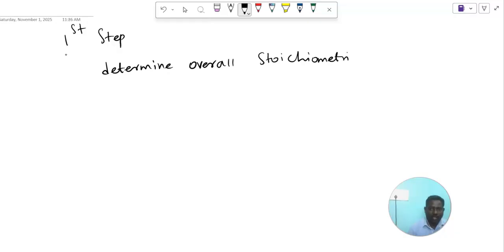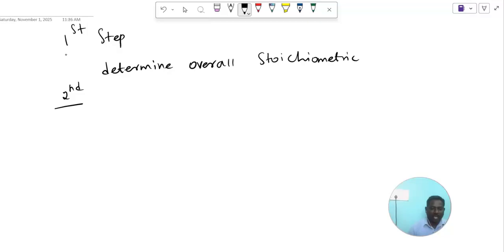So in the study of kinetics, the first step involves the determination of overall stoichiometry of the reaction and side reactions also.